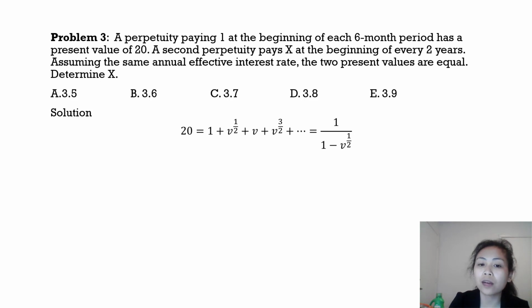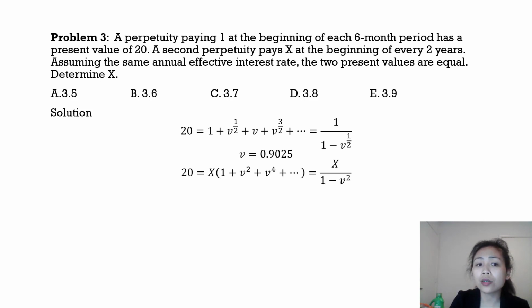So 1 plus V^(1/2) plus V^(3/2) plus dot dot, and continue forever. So this is a perpetuity, and this is equal to 1 over 1 minus V^(1/2). So from here we are able to find V, right? We have V^(1/2) is 0.9025. Because this is a very easy problem. First of all, we find V^(1/2) and then square to find V.